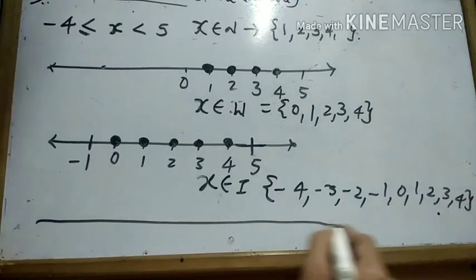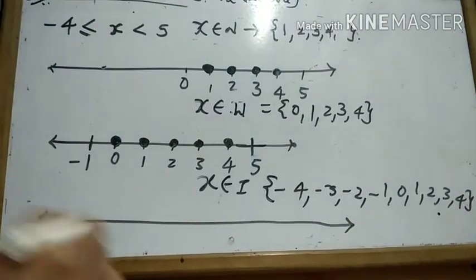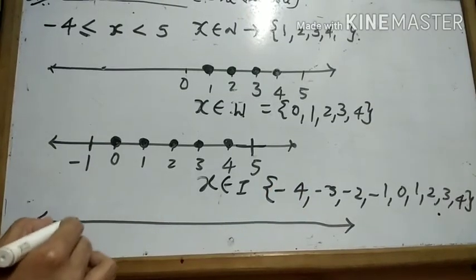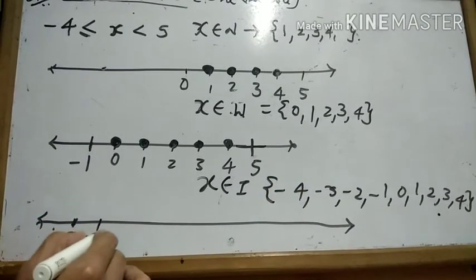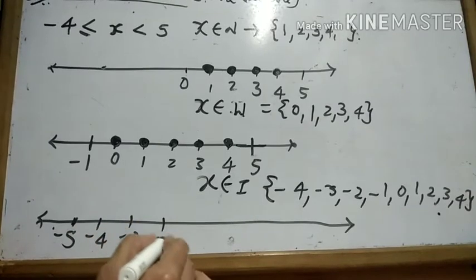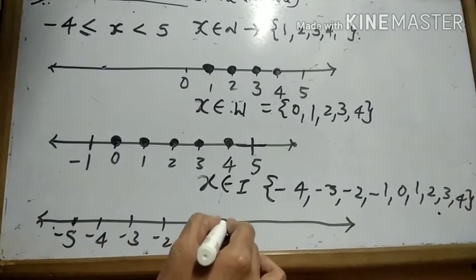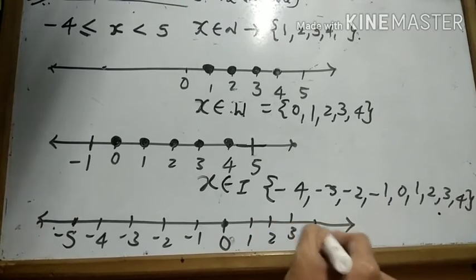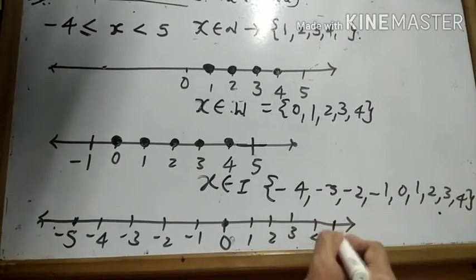So number line, I am beginning with -4 as the first number. So here my first number will be -5, -4, -3, -2, -1, 0, 1, 2, 3, 4, and the last number is 4. So one additional number, 5.